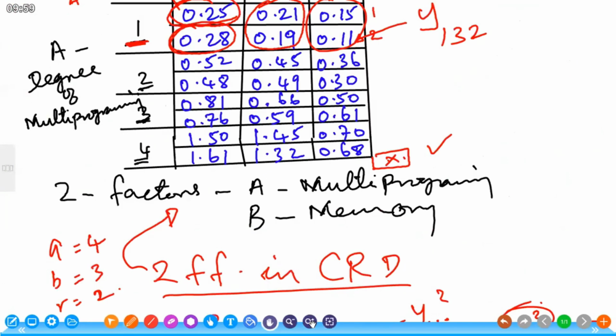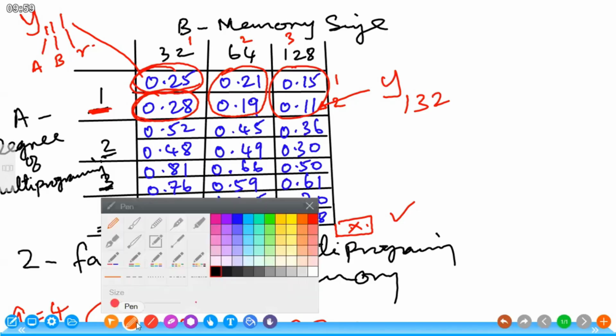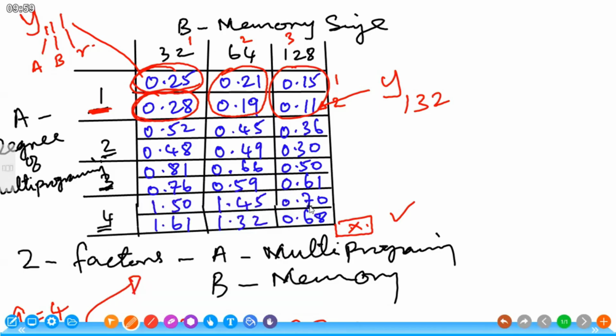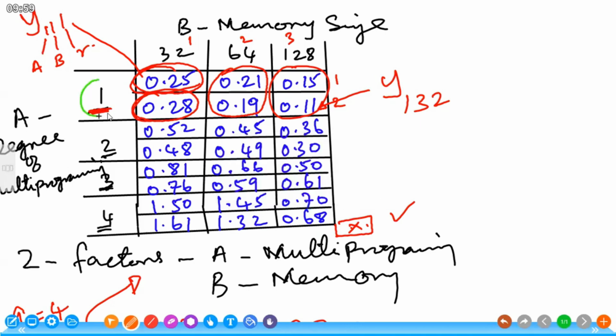First tell me what are the observations that you are going to add. 0.25 plus 0.28. Under that category, how many observations are there? 6. You'll have to add all these observations.